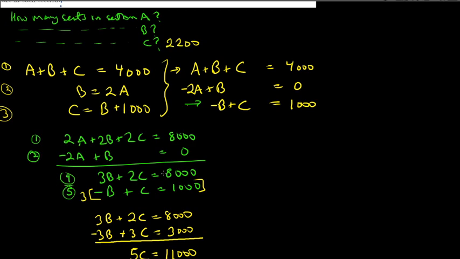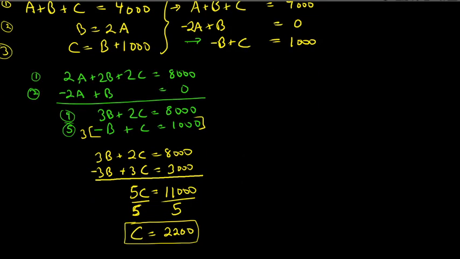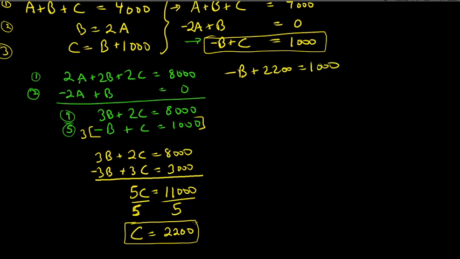So now what do we need to do? We need to find how many seats in section, how about B? So notice that this equation here has just B and C. So negative B plus 2,200 is equal to 1,000. All I did was replace C with 2,200. Okay, subtract off the 2,200. And negative B is going to be a negative number, right?